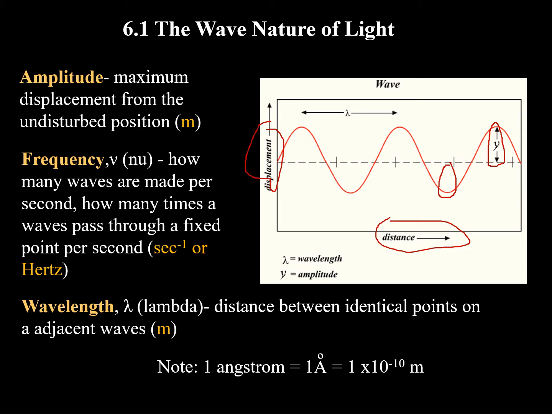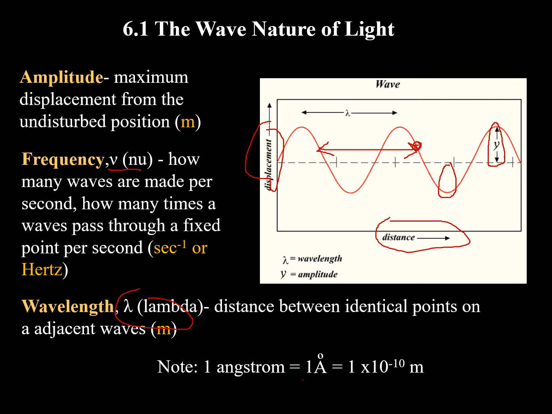The frequency, nu, is how many times the wave passes through a particular point per second. And wavelength, lambda, is the distance between two identical points. So from here to here would be considered the wavelength.